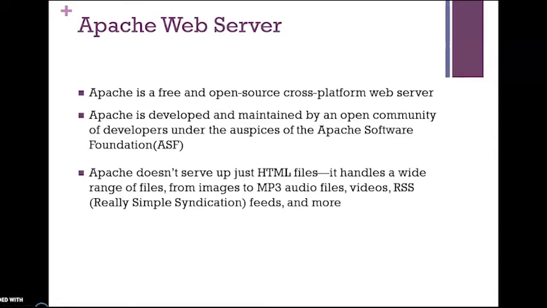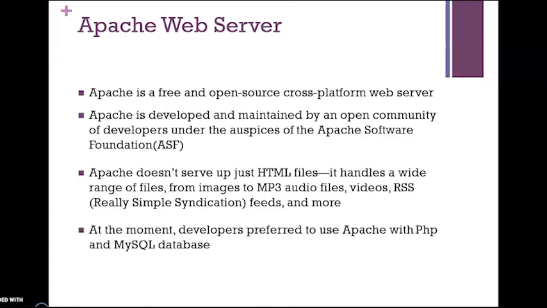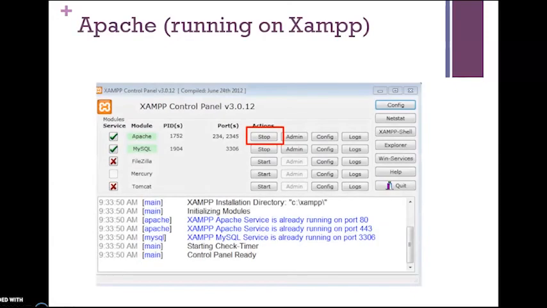Apache not only serves HTML files, but it can also serve a wide range of files such as MP3, video files, URLs, and so on. At the current moment, developers normally use Apache with PHP and a MySQL database. If you install XAMPP on your computer and run it, you are going to get the Apache service, as you can see in this snapshot.